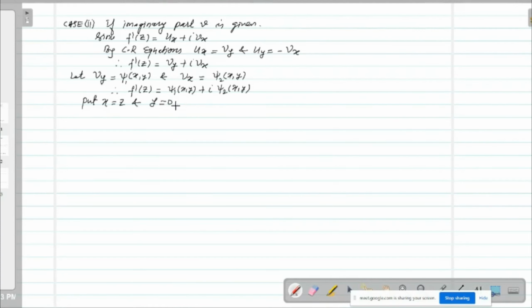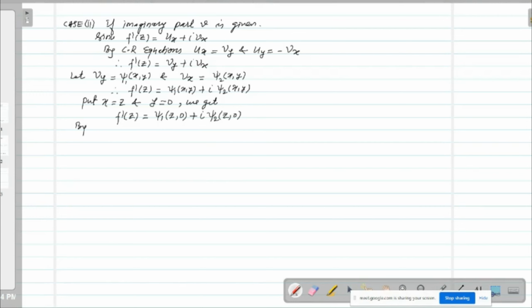We get f dash of z equal to psi 1 of z comma 0 plus i times psi 2 of z comma 0. So this becomes a function of z.